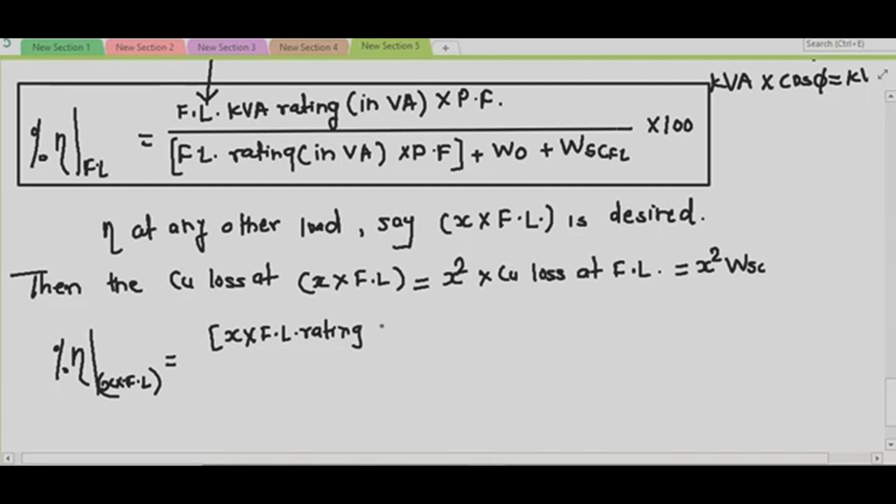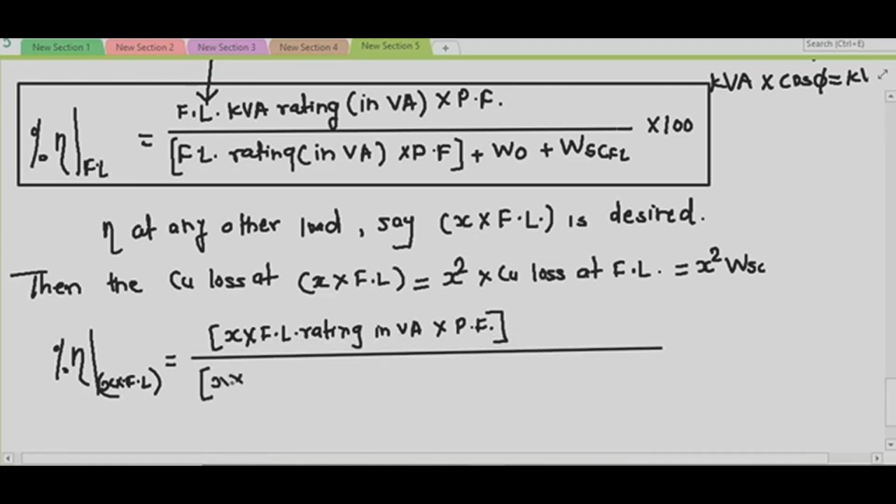x into full load rating in VA into power factor. So kVA into power factor will give you the output in kW, right? Divided by, again I will write down here, x into full load rating in volt ampere into power factor plus iron loss, which is constant throughout.